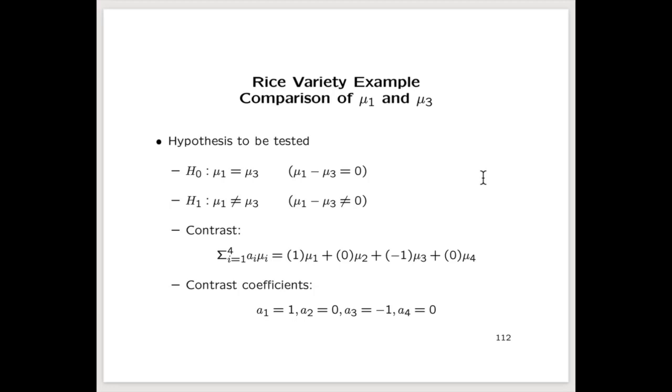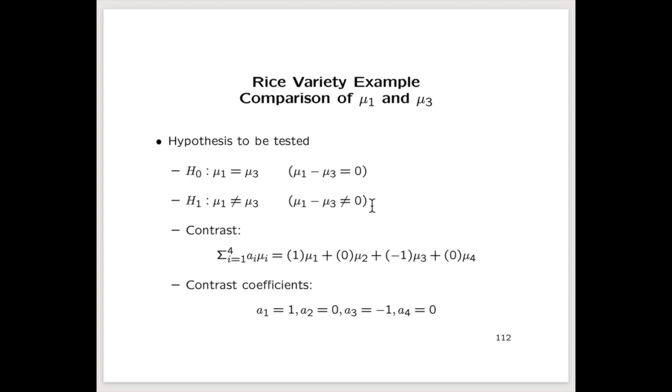Next we're going to compare mu1 and mu3. The null hypothesis is that mu1 is equal to mu3 against the alternative that mu1 is not equal to mu3. Stated in terms of a difference, the null hypothesis is that mu1 minus mu3 is equal to 0 against the alternative that mu1 minus mu3 is not equal to 0.